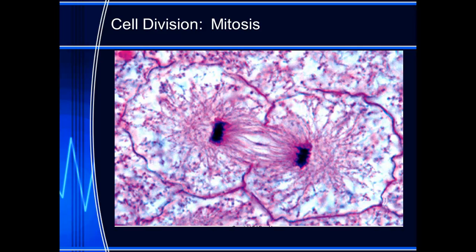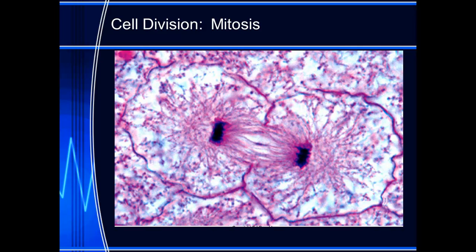Attached to the unit module is an animation on mitosis. It's an additional YouTube video. I would have you first read through your chapter and talk about the different phases of mitosis, and then watch the video to see it in motion.